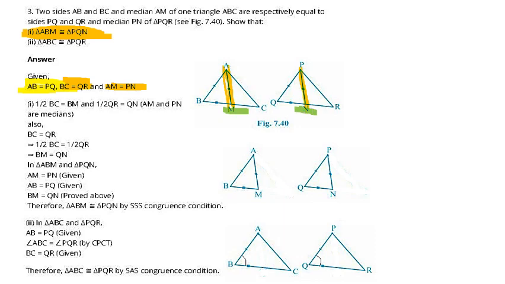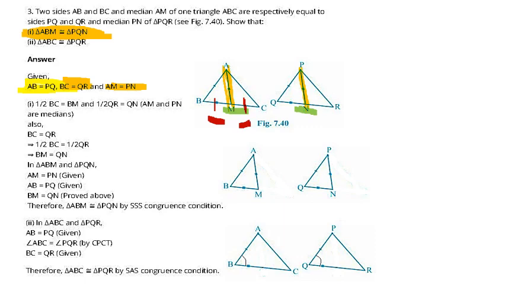And we know that midpoints divide a side into two equal halves. That means if M is the midpoint, then this part BM and this part CM, they will be equal to each other. Or I can also say that BM is half of BC and CM is half of BC.